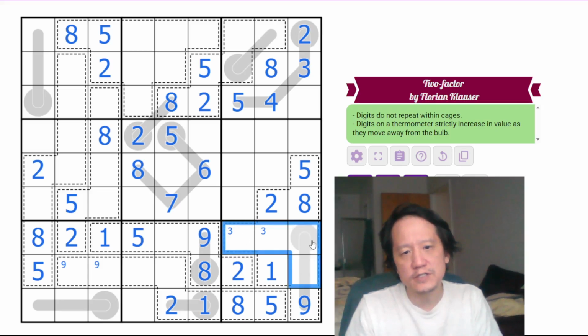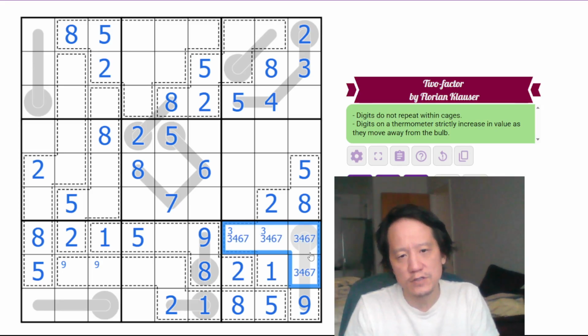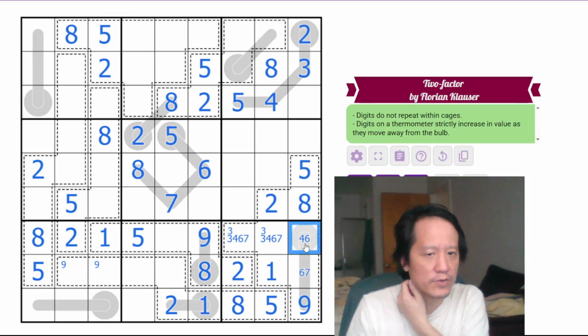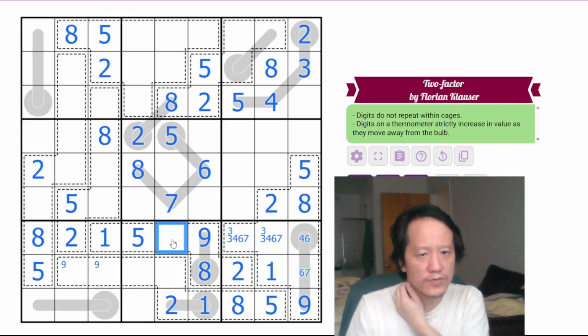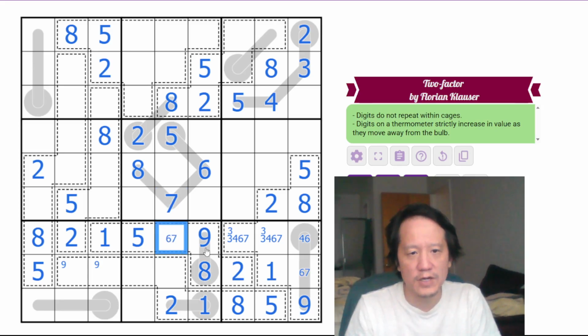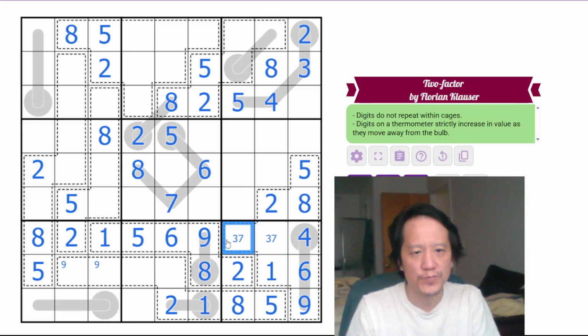The remaining digits in this cage have to be 3, 4, 6, and 7. 3 cannot be here. This is either 4 and 6, and this is either 6 or 7 here. This matches here, so this 6 or 7 has to be here, and it cannot be 7. Therefore, this is 6, which matches this 6. Therefore, this is 4. This has to be a 3-7 pair.